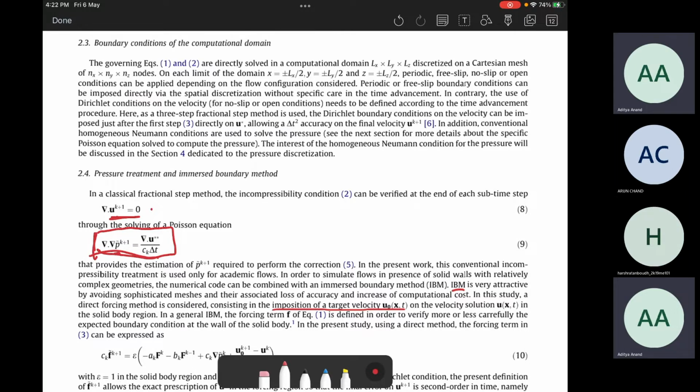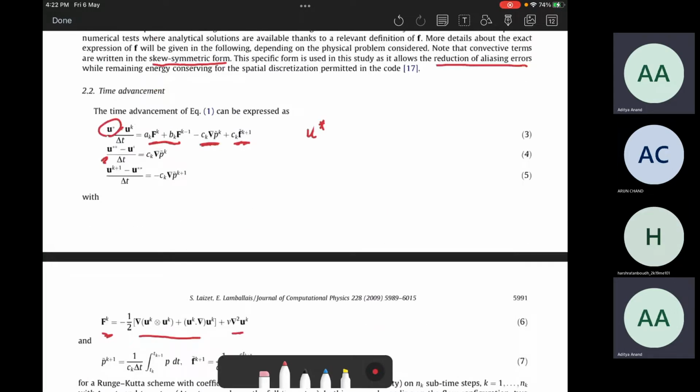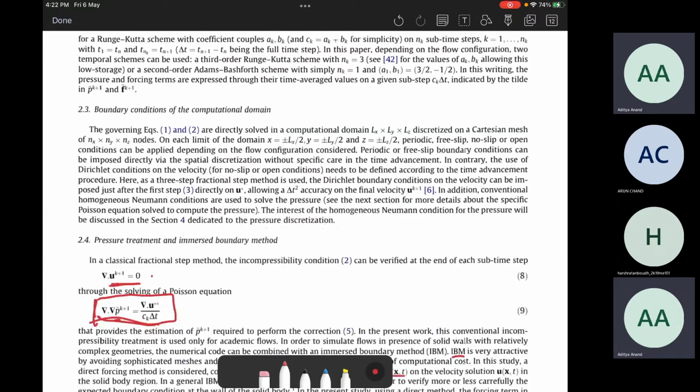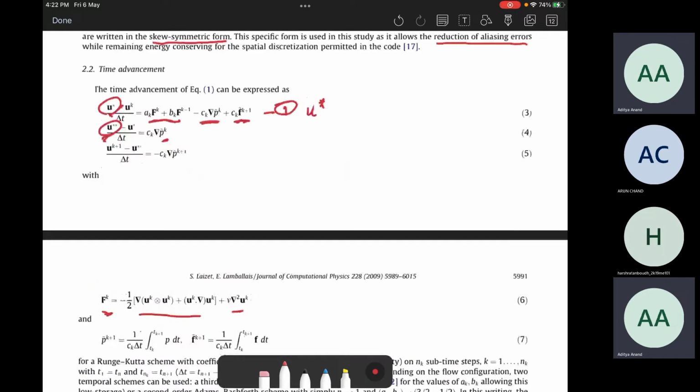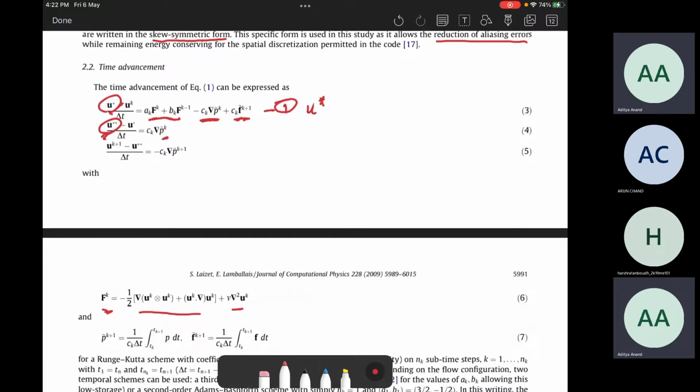So once you have your u star from the first equation, from the second equation, which takes the pressure at the previous time step as an input, you'll get your u double star. Now that you have your u double star, this will give you the pressure field at the next time step. From this pressure field you apply a correction to u double star again, and then you get your velocity at the k plus 1 time step.